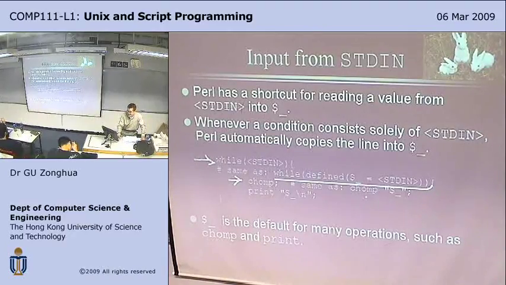So chomp is the same as chomp($_), and print is the same as print $_. Here you want to print each line followed by a new line, so you say print $_ explicitly, or you can omit it and it will also work. $_ is the default for many operations such as chomp and print.